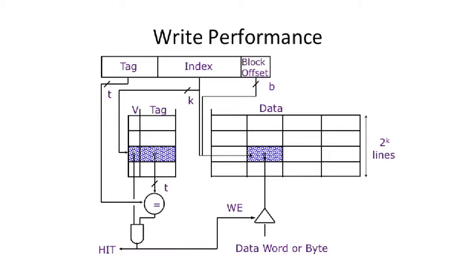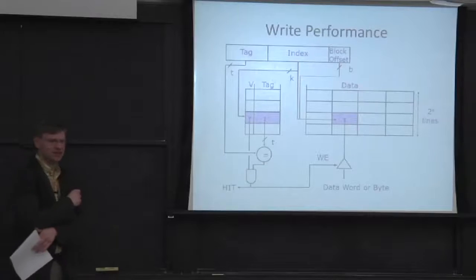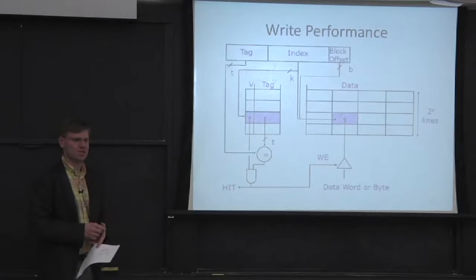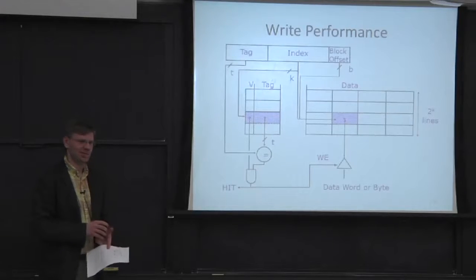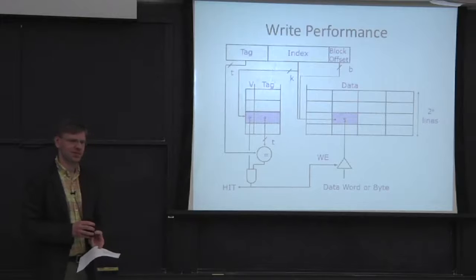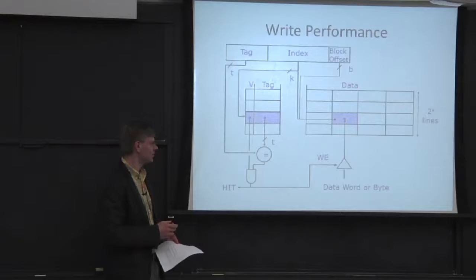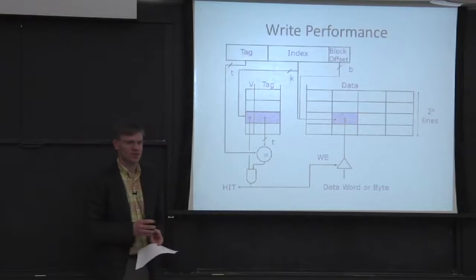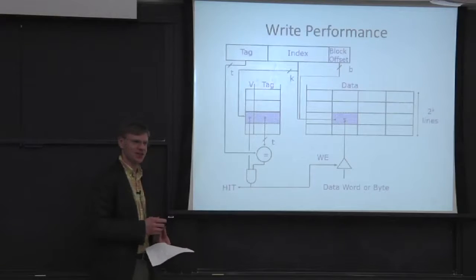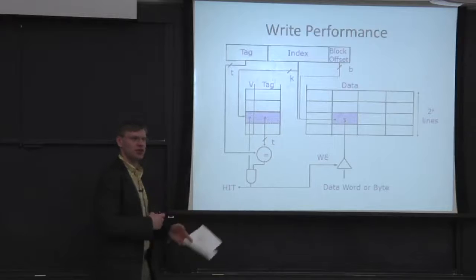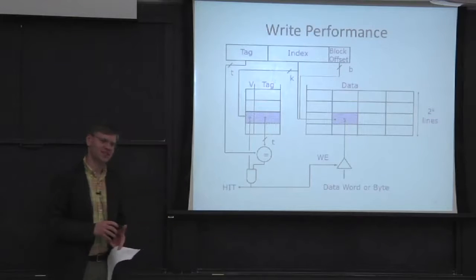So do we think we would want to try to do this in one cycle? Anyone want to wager a guess here? Do people build machines where they do this in one cycle?